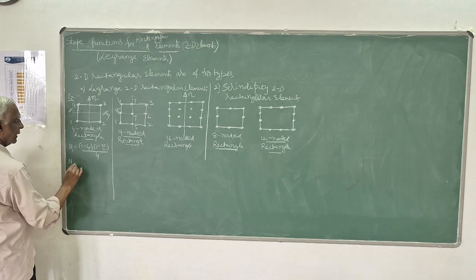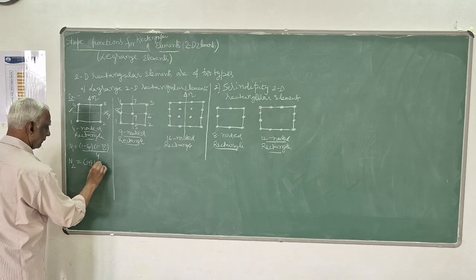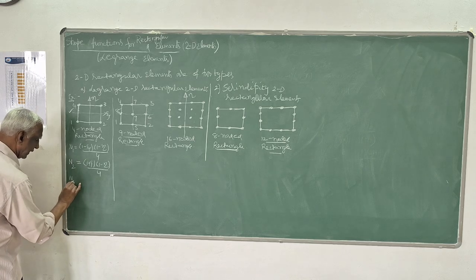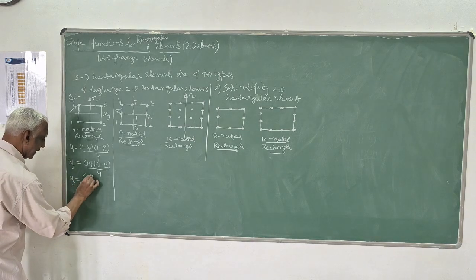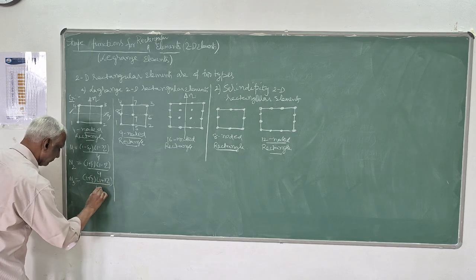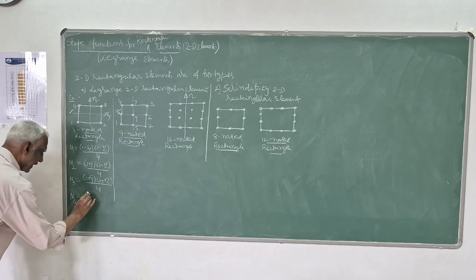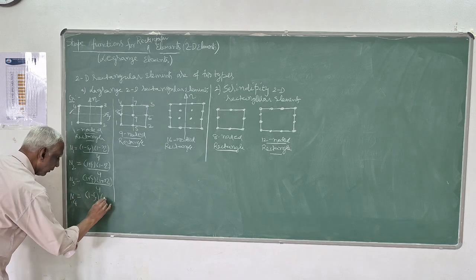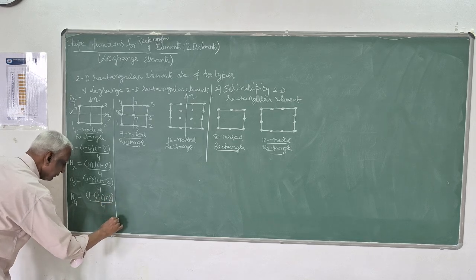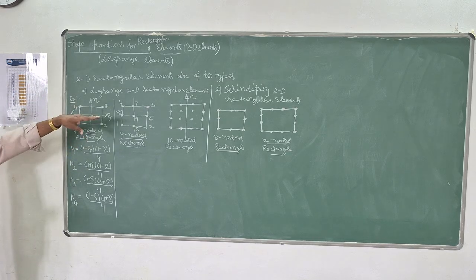And N2 is given by (1 plus psi)(1 minus beta) divided by 4, and N3 is equal to (1 plus psi)(1 plus beta) divided by 4, and N4 is equal to (1 minus psi)(1 plus beta) divided by 4, which we have derived from the Lagrange function similar to the line element.